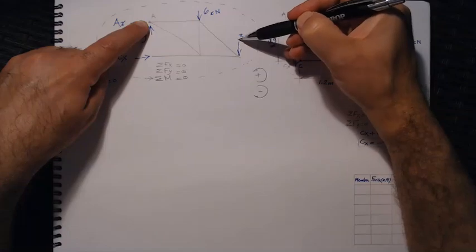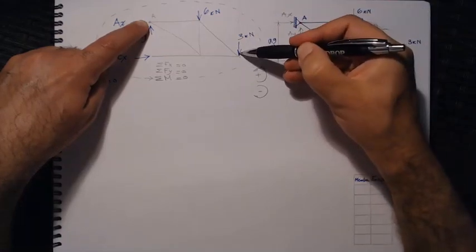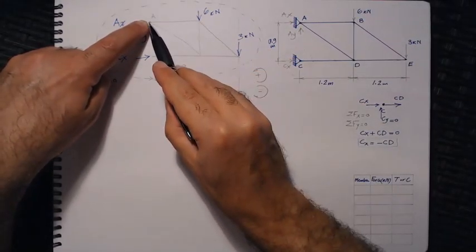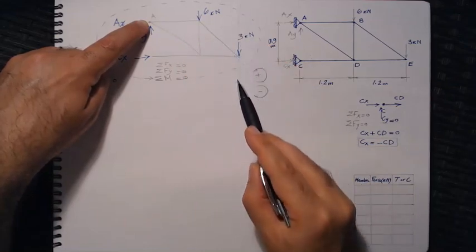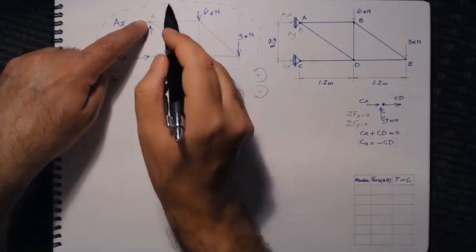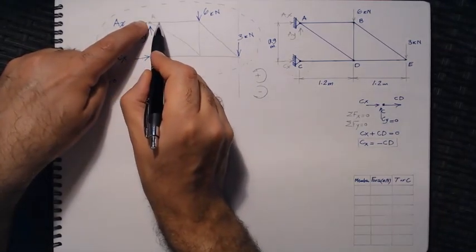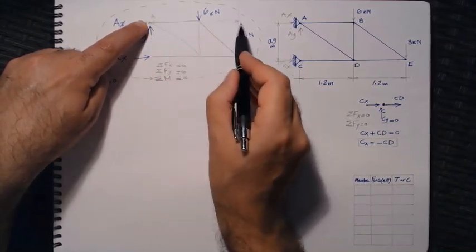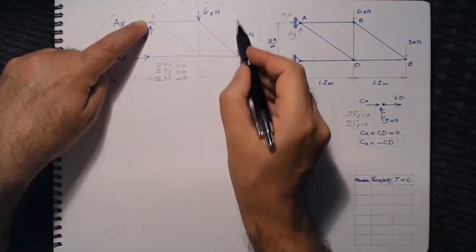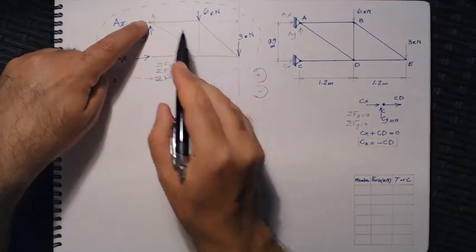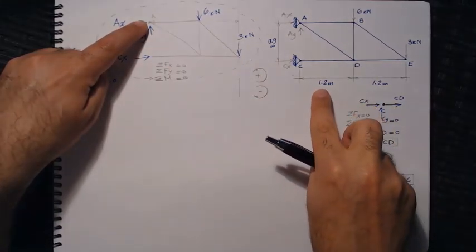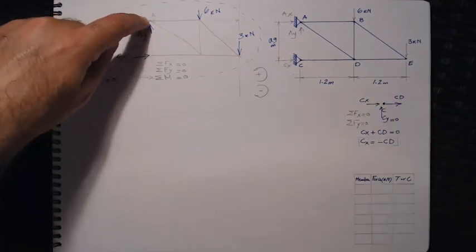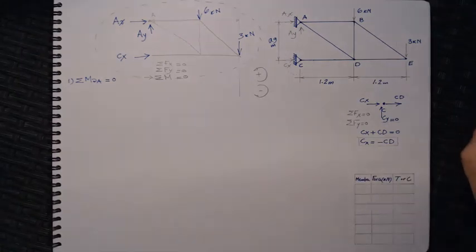So I'm going to extend the force all the way up, extend the force all the way down, and now I need to go from the point of rotation perpendicular to the line of action of the force. And you will very quickly realize that this distance here is the distance perpendicular to the line of action of 3 kilonewton, and this distance happened to be 1.2 plus 1.2, which is 2.4. So I will very quickly take the equation of moment.